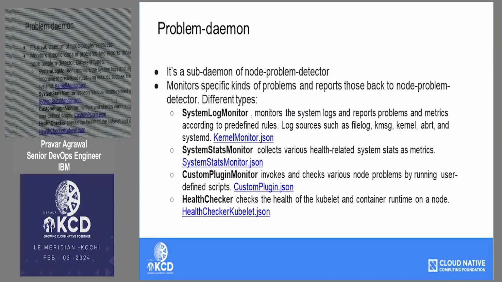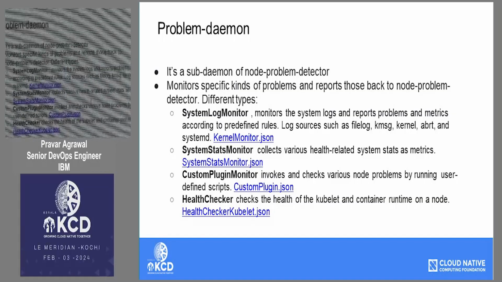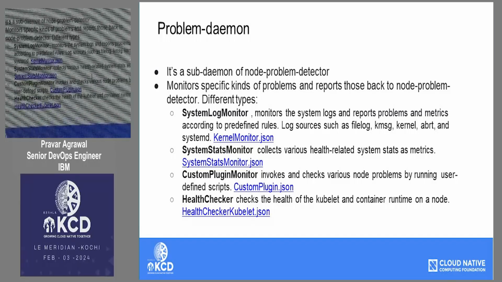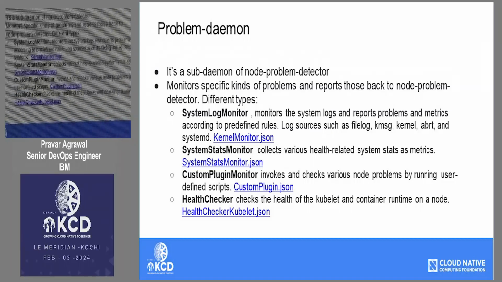Oh yeah. So custom plugin, like I mentioned, if you're trying to track a particular service and you want to invoke some particular scripts for that, as soon as the NPD detects this particular pattern, you can basically write the custom plugin.json.